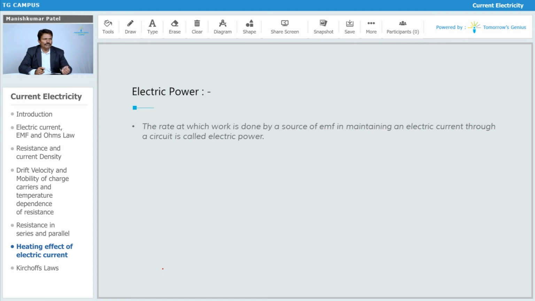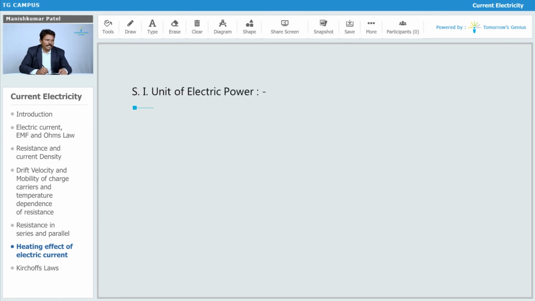The rate at which work is done by the source of EMF in maintaining the electric current through a circuit is called electric power. Simply, power is the rate at which we do work. The SI unit of power is the watt.